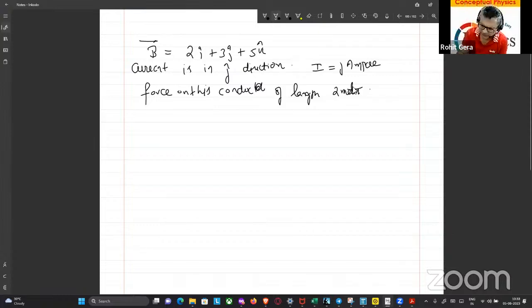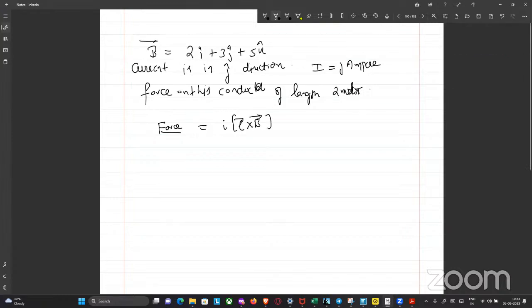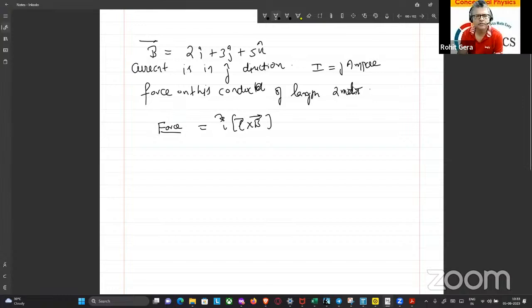So what was the formula? Just discuss with me. Force was equal to I L cross B. So this was your current, and this is L and B. The current is along J direction, so I have written it as J amperes.